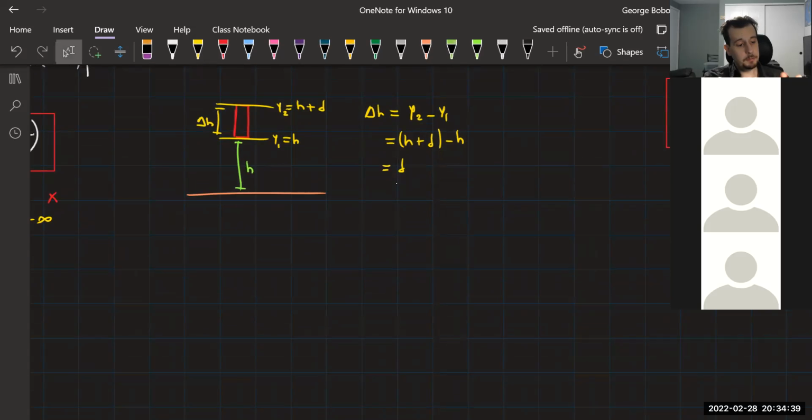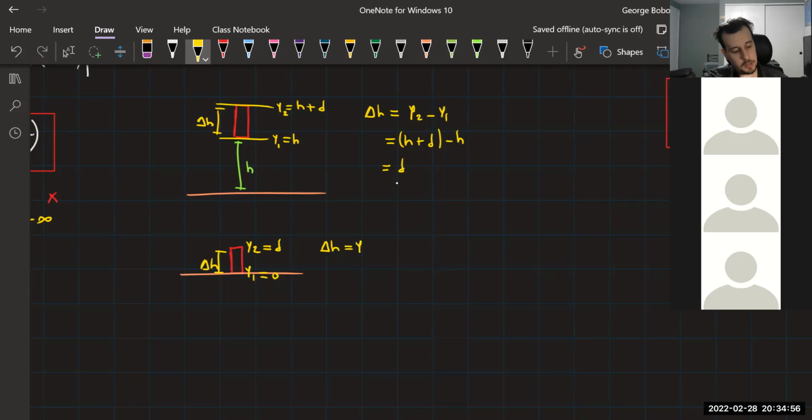Similarly, if you want to measure the water bottle's height but you take this to be the reference, now y1 is equal to 0 and y2 is equal to d. So the actual change of height is simply y2 minus y1, or d. You see that we get the same result regardless of where you put the reference.